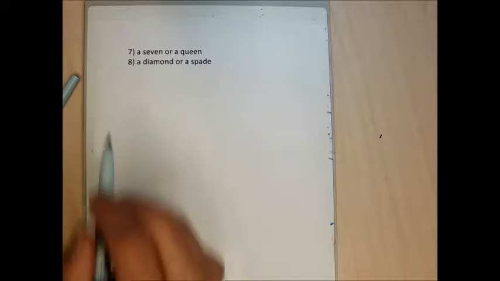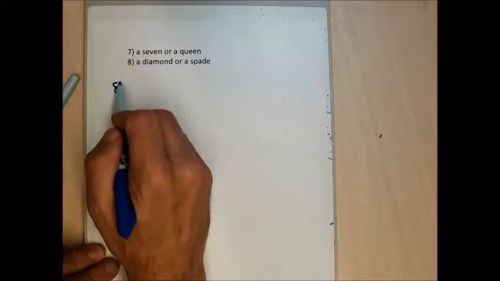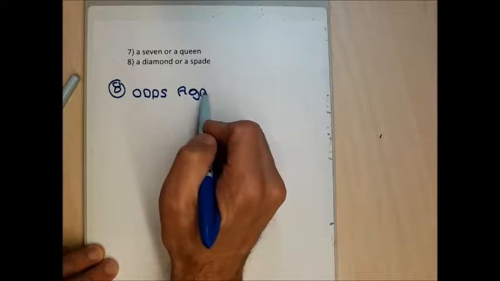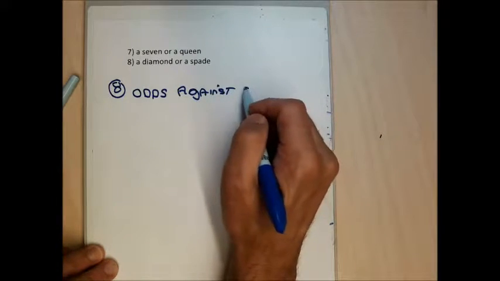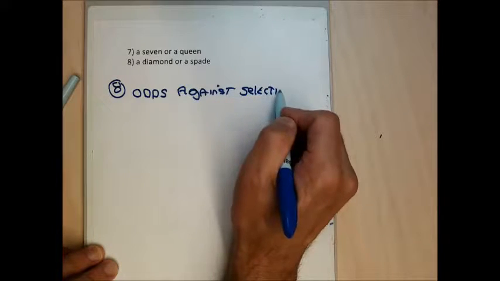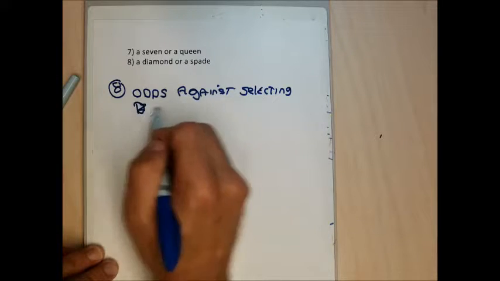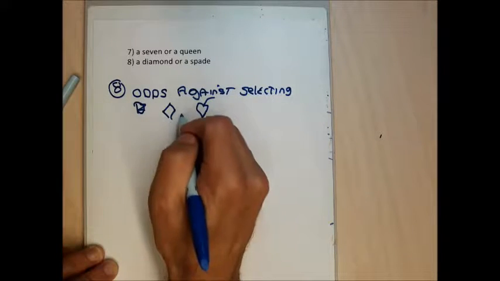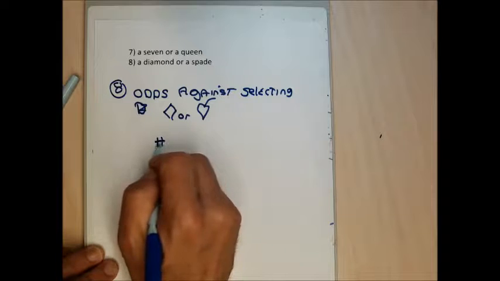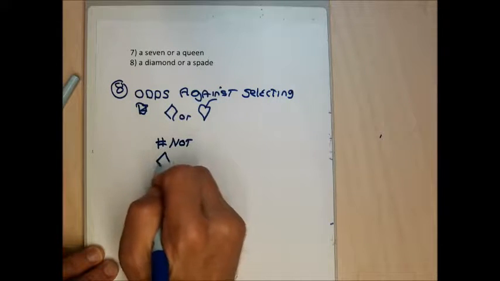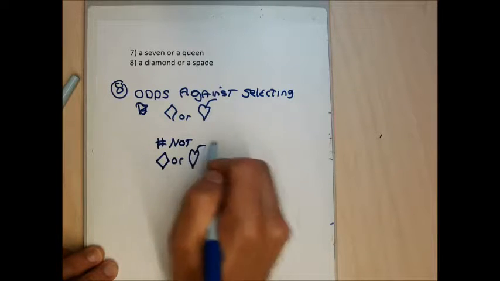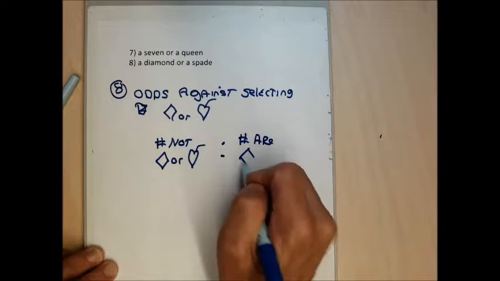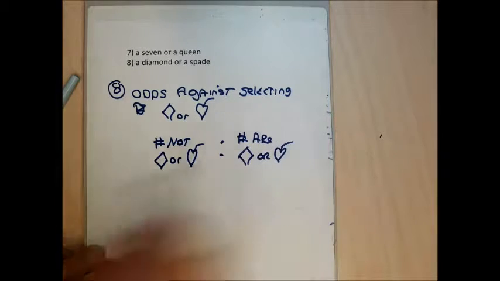7 and 8 are a little bit trickier. I'm going to do 8. So for number 8, the odds against selecting a diamond or a spade equals the number that are not diamonds or spades, colon, the number that are diamonds or spades.